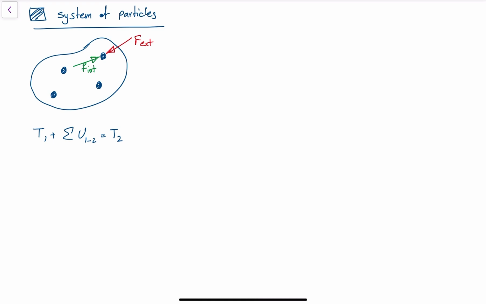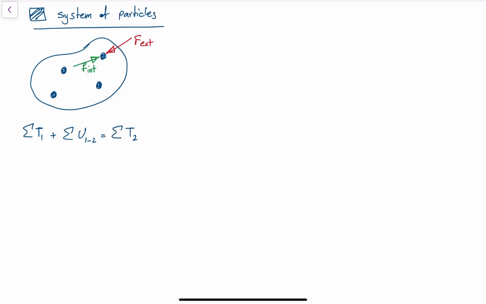But when you have a system of particles, you can imagine there are a whole bunch of internal forces, shown in green, and a bunch of external forces acting on the system. To really work out this equation, you calculate the kinetic energies of all particles at the beginning, and calculate all works done by all forces, including both internal and external.